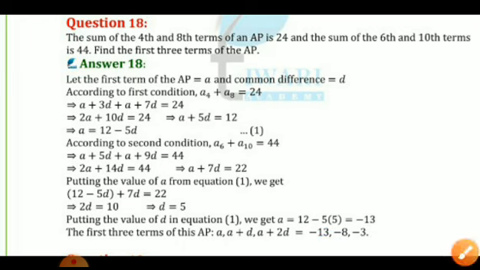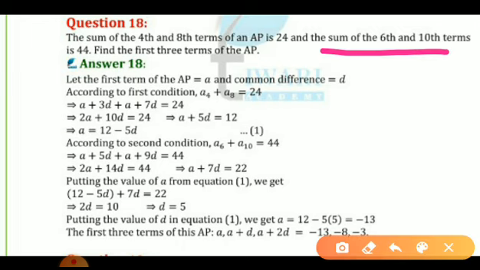Similarly, what is the next given? Sum of 6th and 10th term is 44. That means A6 plus A10 is given to be 44. Substitute the values and you will get the relation as A plus 7D is equal to 22.